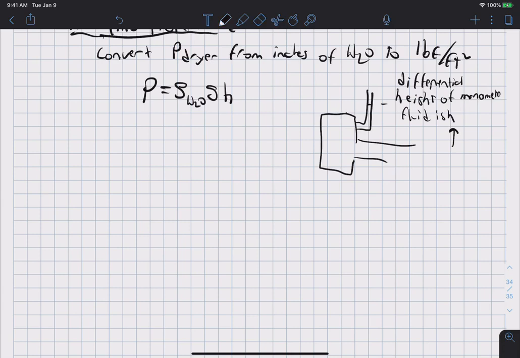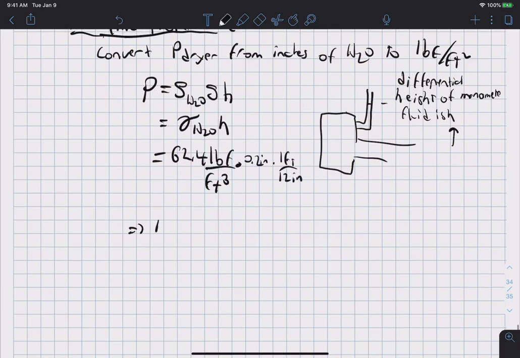So that means that you use the manometer formula to convert the pressure: height times gravity times the density of the manometer fluid, which is in this case water. Okay, and so this equals gamma H2O times h, and so that equals 62.4 pound force per cubic foot times h, which is 0.2 inches, times 1 foot per 12 inches.